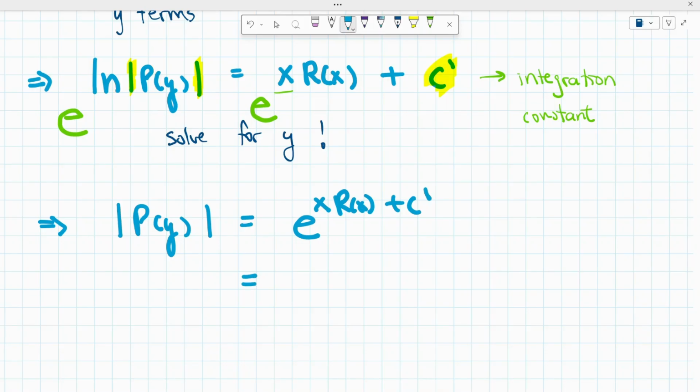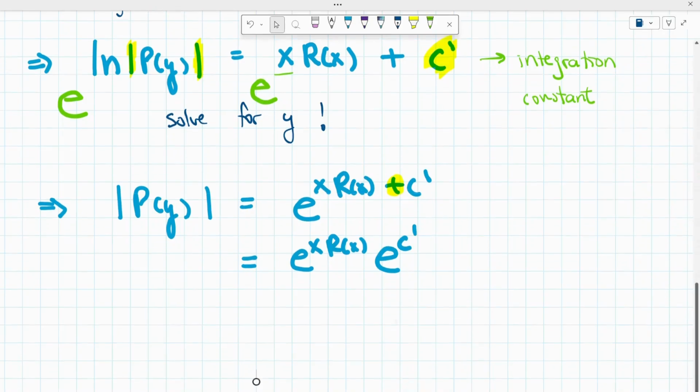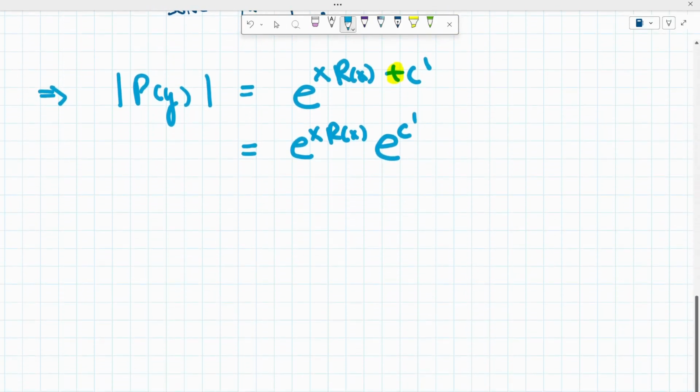We know that if we have an addition within our exponent, we can write this as a multiplication with the same base, meaning that we would have e to the integral of r of x multiplied by e to the c prime.